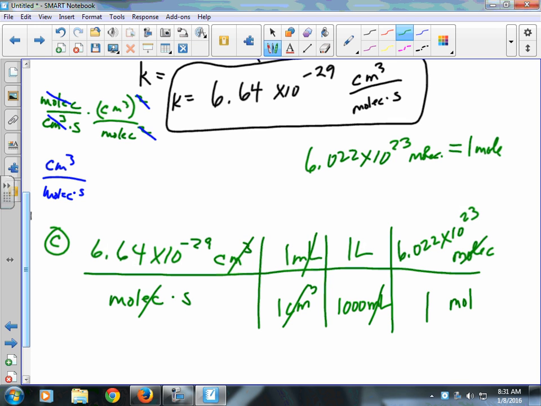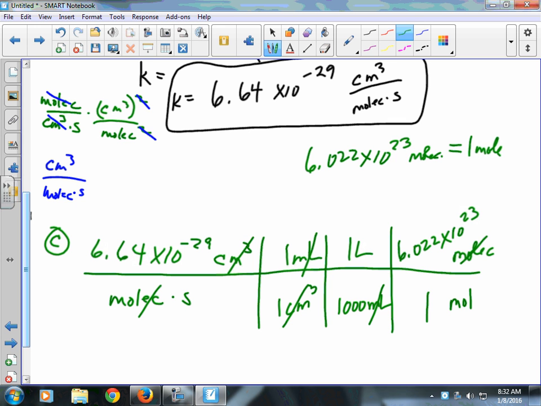Look right here at this concentration. This concentration was molecules in cubic centimeters, right? But the rate constant always has time in it. If you need to, write yourself a note. Rate constant, K, will always have a time unit. Don't let the question throw you.